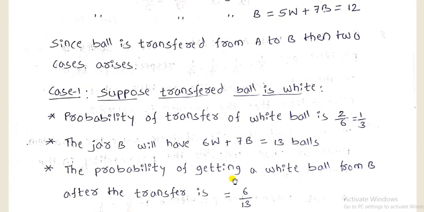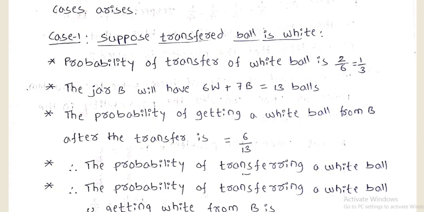Now the probability of getting a white ball from B after the transfer is 6 divided by 13.